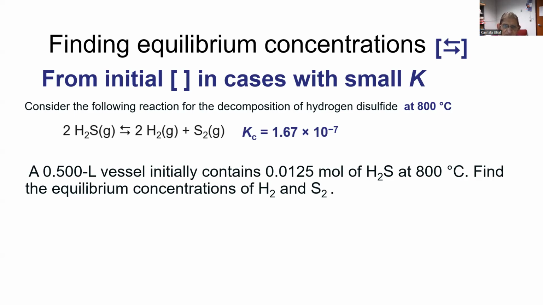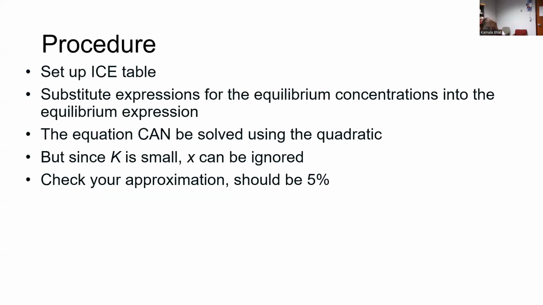If it is far less than the initial concentration, you can straight away neglect the change in H2S concentration, put it as whatever the original value is, and then solve.